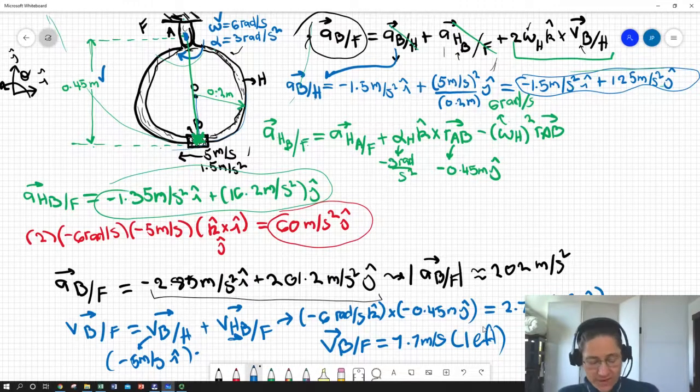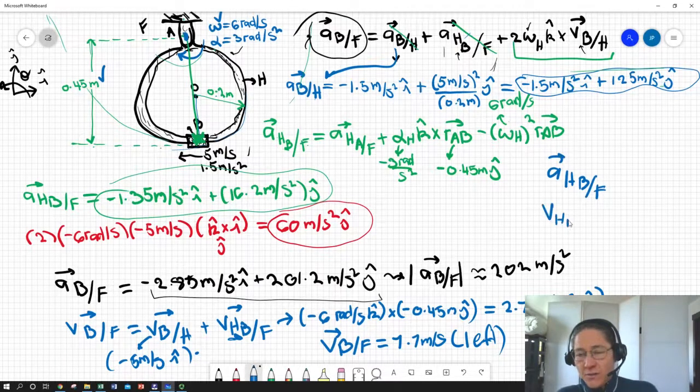Key in all of this is this concept that we discussed of A, H, B, and V, H, B, F.